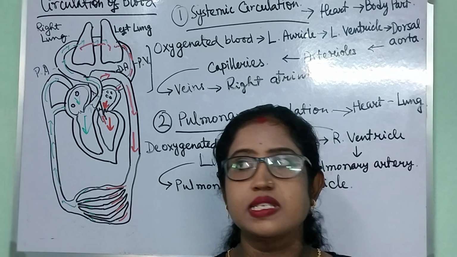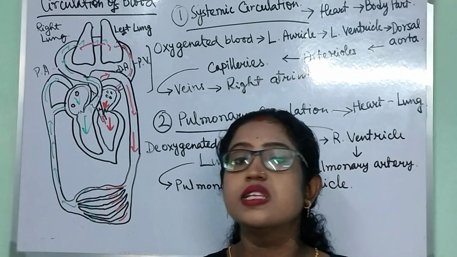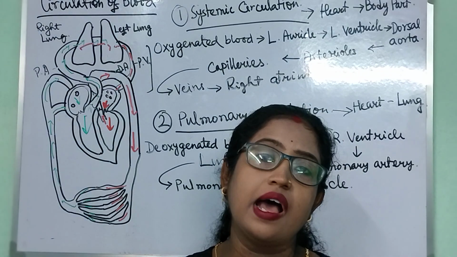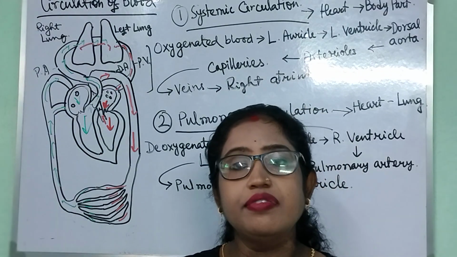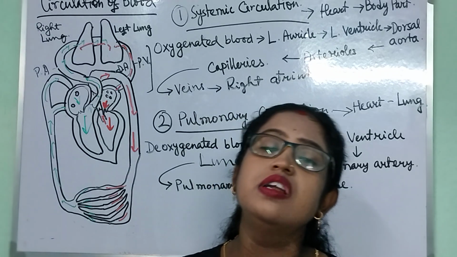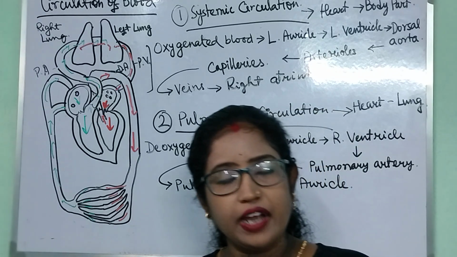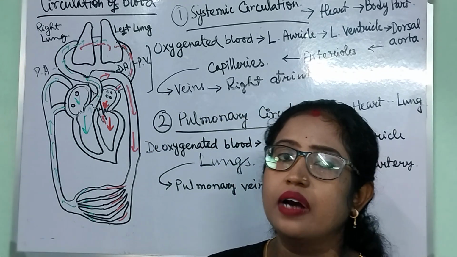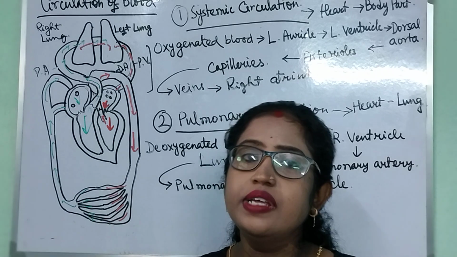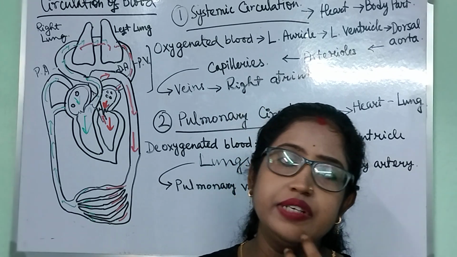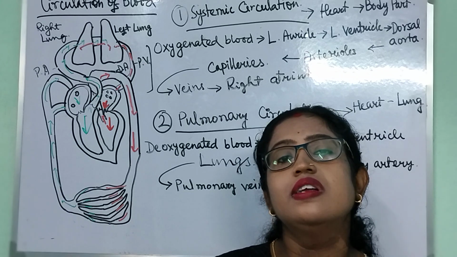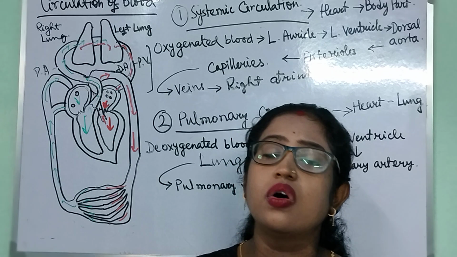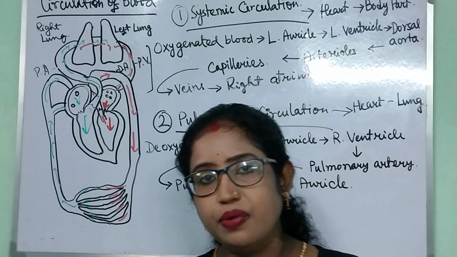But some animals, like amphibians and reptiles, have a three chambered heart. Amphibians have three chambers in their heart, and reptiles have partially divided chambers. Partially divided four chambered heart means their auricles are fully divided, but their ventricles are only partially divided. So there is a mixing of blood in their heart, and this causes an incomplete double circulation process.